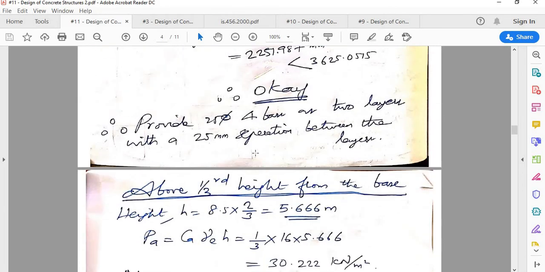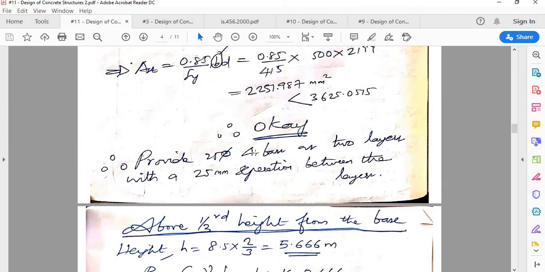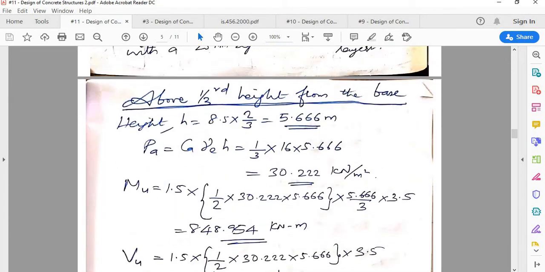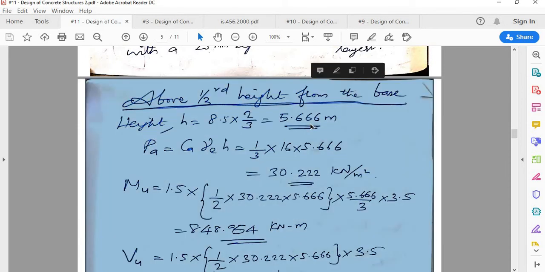Okay, remember we divided the T-beam design into 1/3, 1/3 and 1/3. Now going to the above 1/3, remember, this is the height, right? The total clear height is 8.5 meter. So you go 2/3 of that, so height is 5.666.